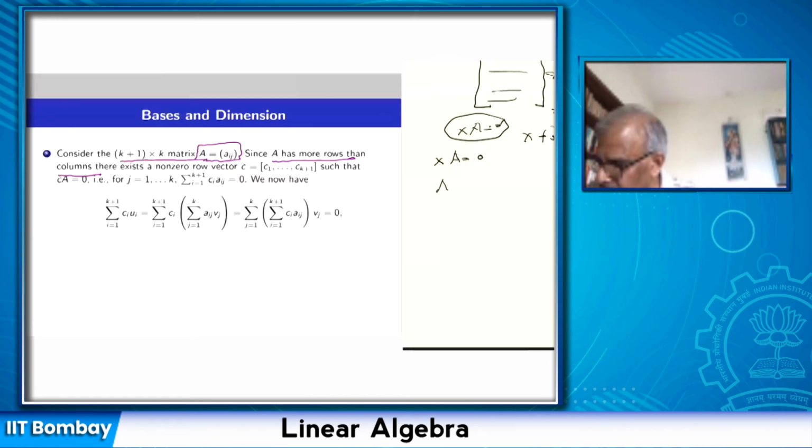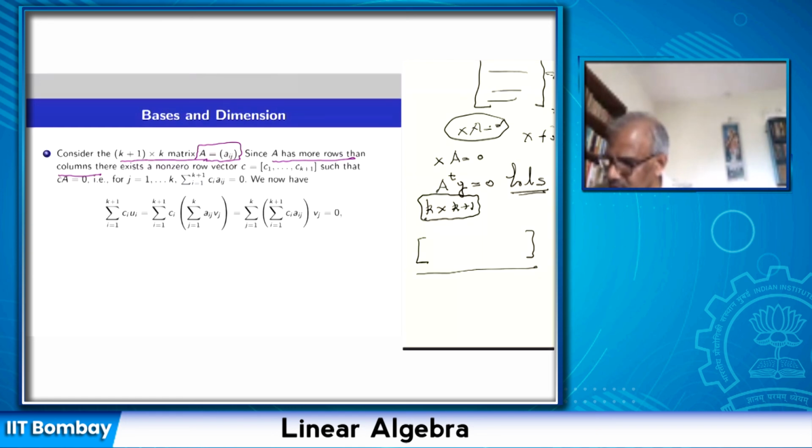There are k rows and k plus 1 columns. This matrix A transpose has k rows and k plus 1 columns, so it's a fat matrix. There are k rows and a lot more columns. And I have this homogeneous system of linear equations.